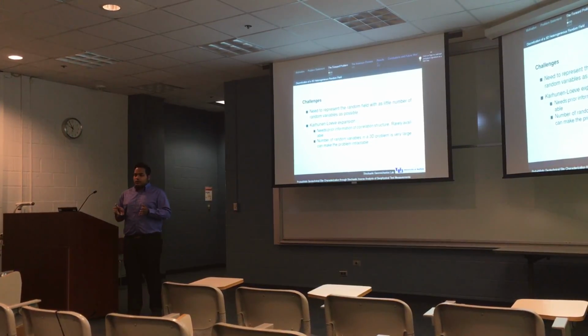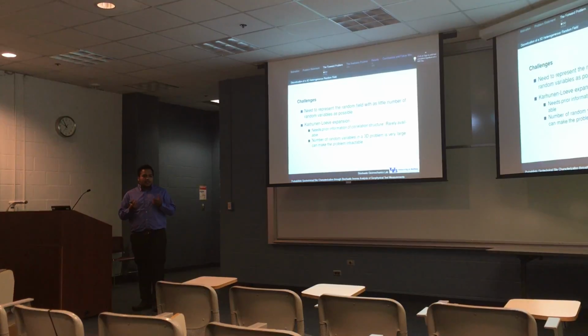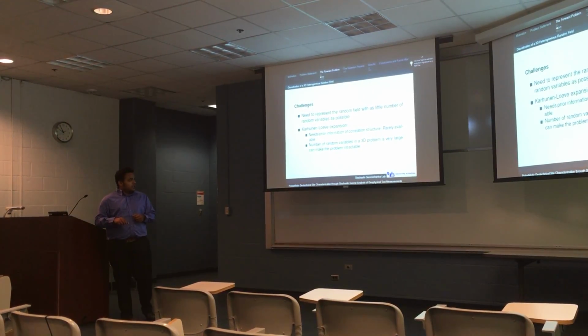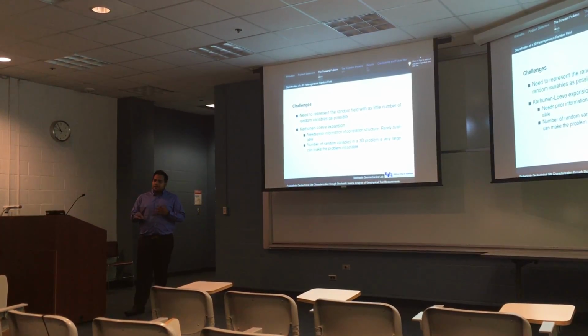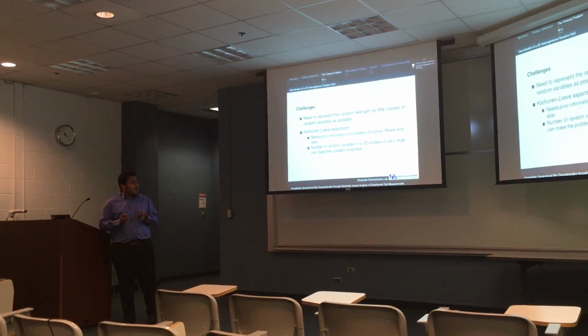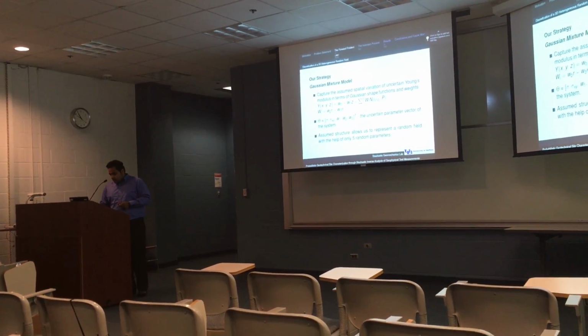However, it's very difficult to predetermine the correlation structure of the soil, because the data that exists is very, very limited. Also, the number of random variables for a KL expansion is too large, because it consists of eigenvalues, and for any accurate estimation, the number of random variables becomes too large.